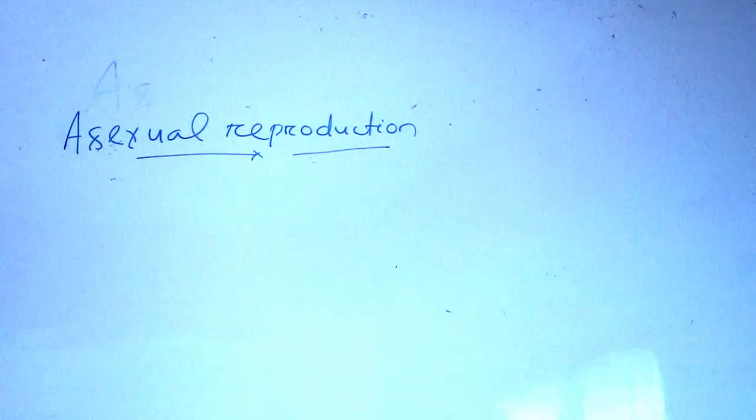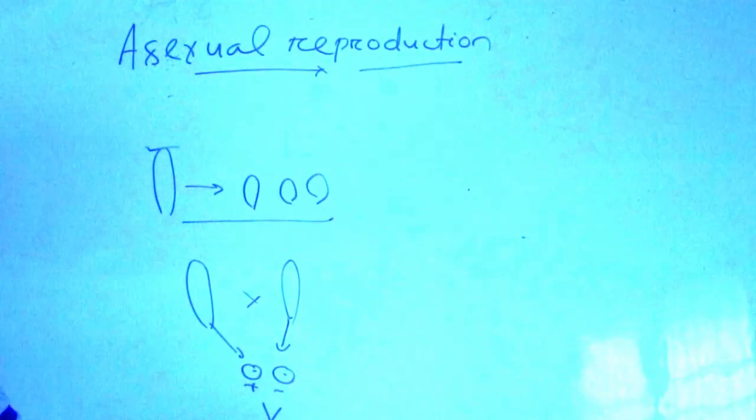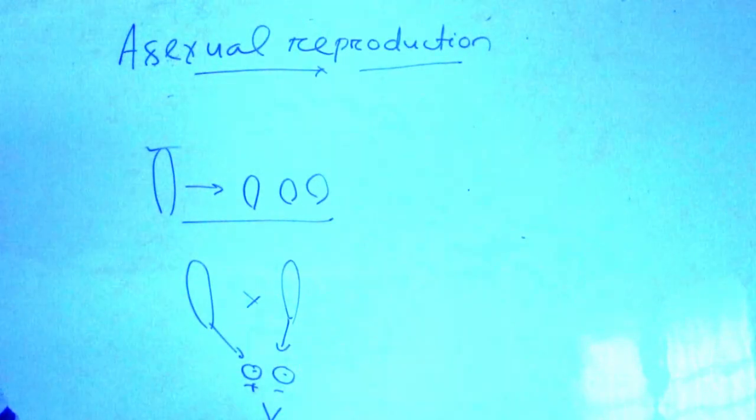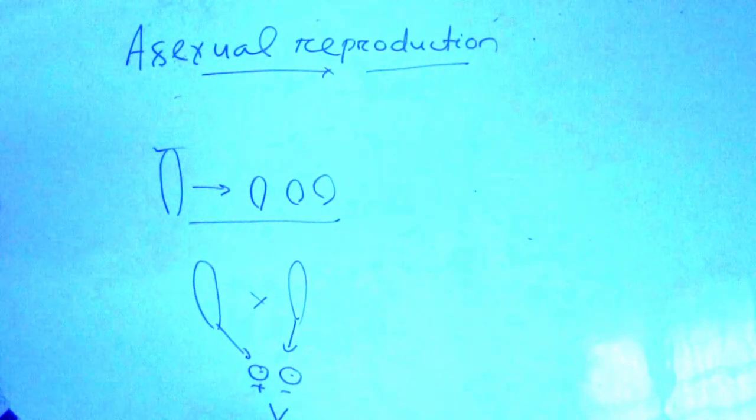Further, the reproduction in which two parents are involved is called sexual reproduction. Further, the reproduction process in which only one parent is involved is called asexual reproduction. So today's topic is asexual reproduction of living organisms.